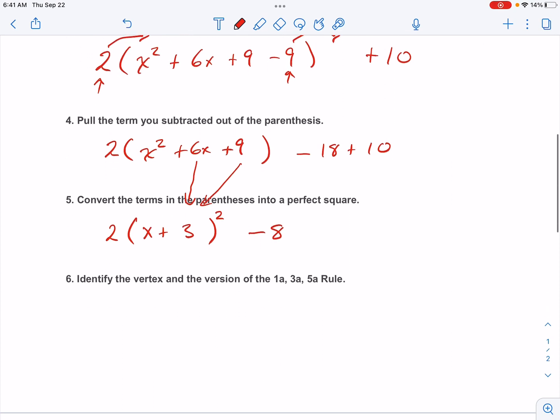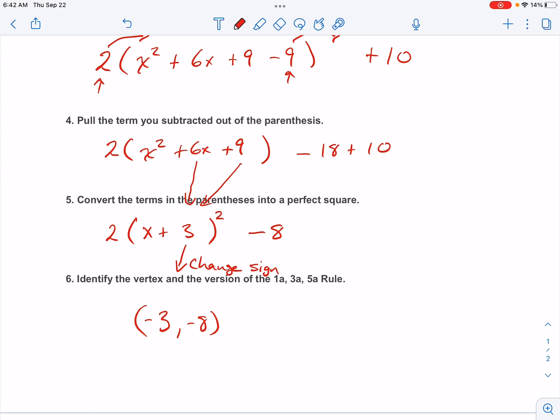The last step is to identify the vertex, which comes from changing the sign for the number in the parentheses. Don't change the sign on the number that's outside. That's the h and the k.